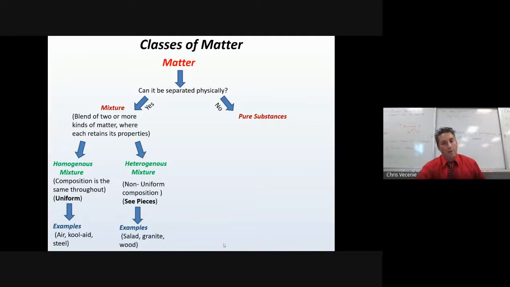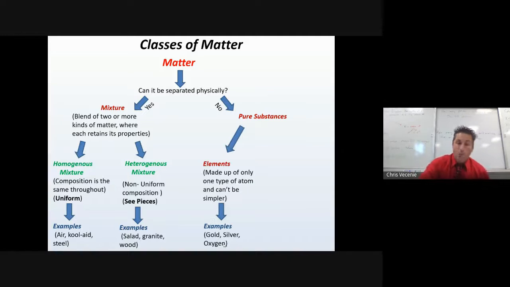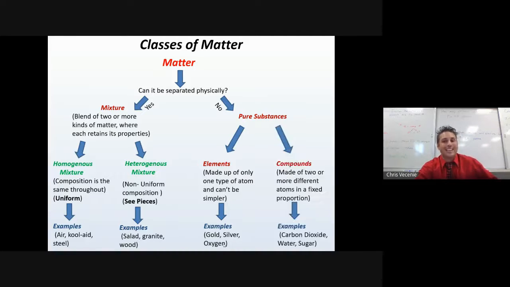All right. Now, if we look at our thing and we can't separate it physically, I try to filter it and it doesn't work, it is one of two things. It's a pure substance. It is either an element or it is a compound. So if it's an element, we already talked about this.